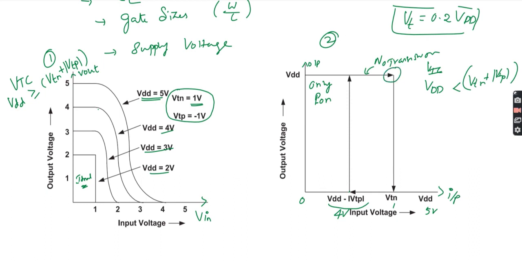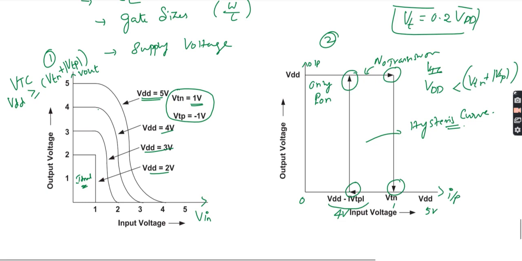See this curve? This curve looks like something you might have seen somewhere else, which looks like a hysteresis curve, right? You might have studied in your comparator or in your Schmitt trigger. So similar to that. So here we'll get like this.